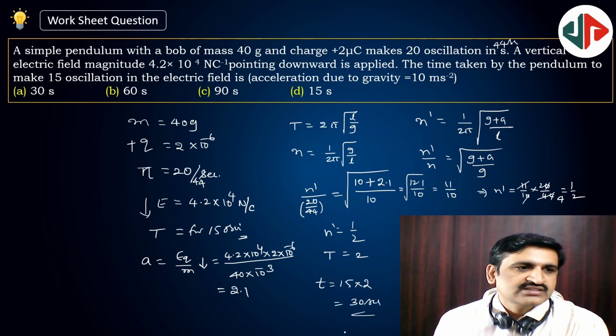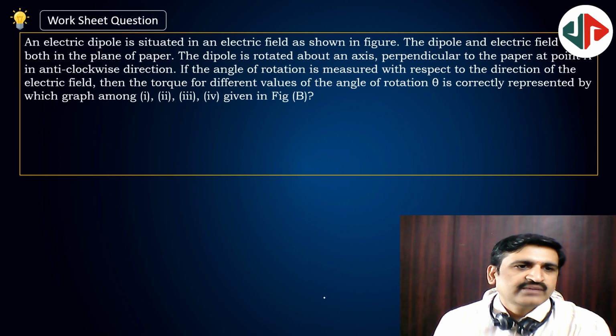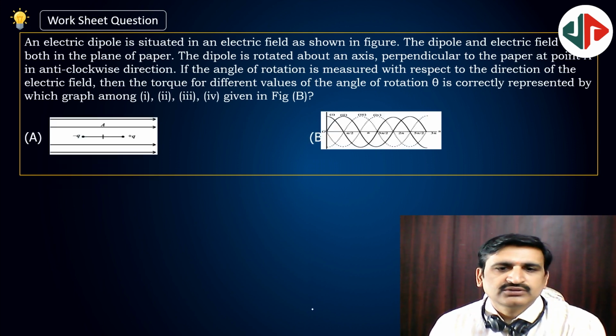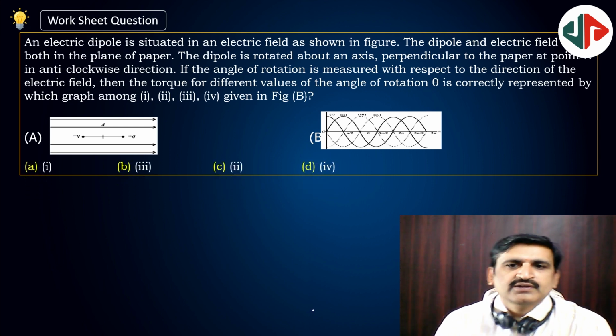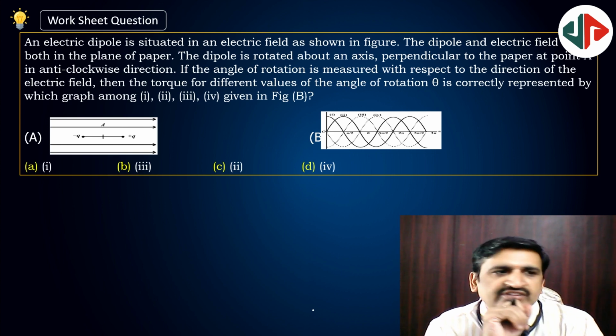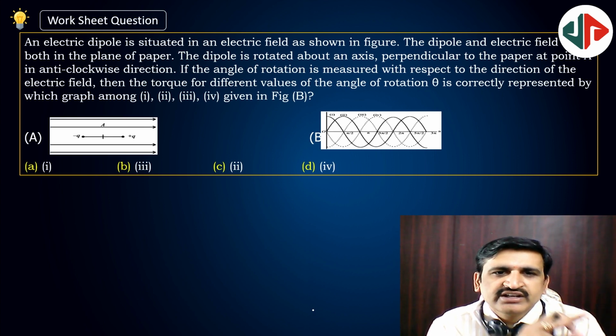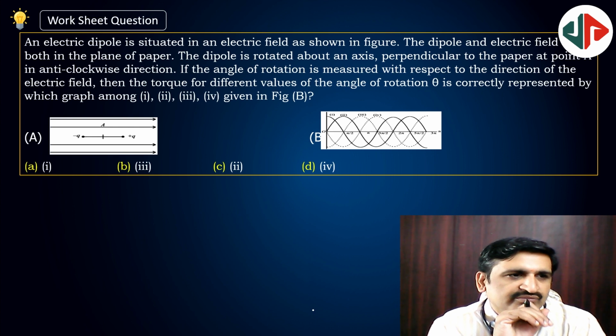So option is A. An electric dipole is situated in an electric field as shown in the figure. Okay, remaining options. The dipole and electric field are both in the plane of the paper. The dipole is rotated about the axis perpendicular to the paper at a point A in anti-clockwise direction.